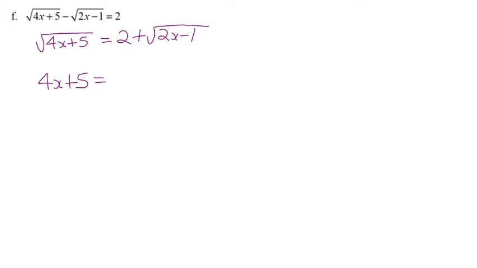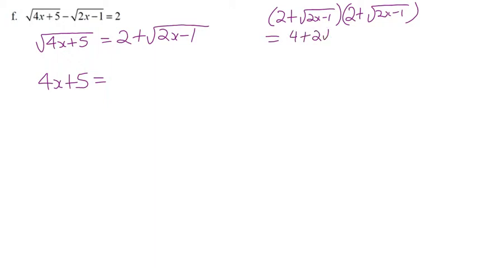This side, if I'm going to square it, I'm going to go over here and do it, right? You can do it this way. You can just square it if you know. Okay, so this is 2 times 2 is 4, plus 2 root 2x minus 1, plus 2 root 2x minus 1, plus 2x minus 1.